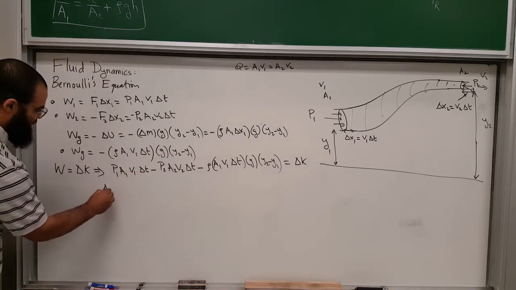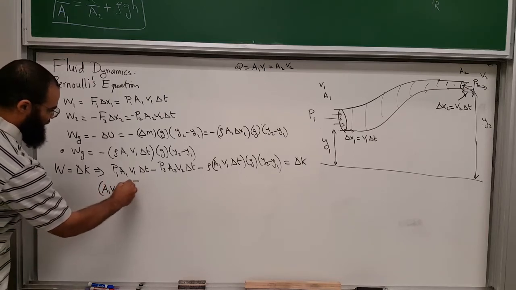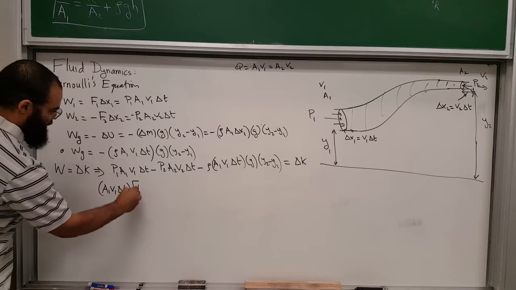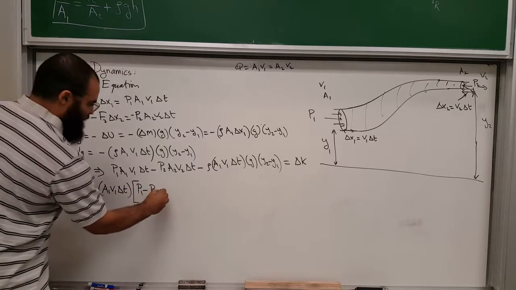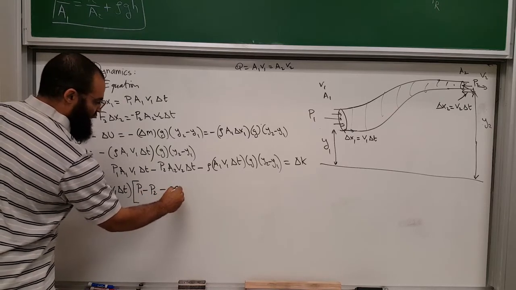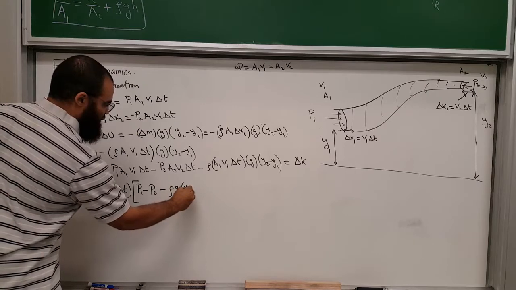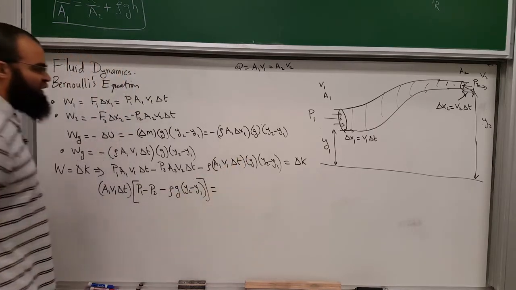So I have A1 V1 delta T times what? Now I have pressure 1 minus pressure 2, that's what's left, and then minus rho g times y2 minus y1, equals the change in kinetic energy.